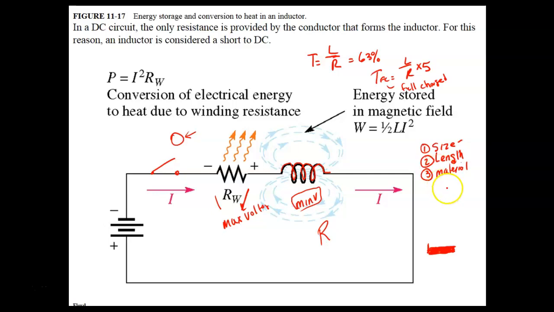And then what's the fourth thing? Temperature. It's really accurate, guys. Metals, if you heat them up, their resistance goes up. If you cool them, their resistance goes down. So we have a very accurate temperature device called an RTD, a resistive temperature device, and all it is is wire wrapped around something.